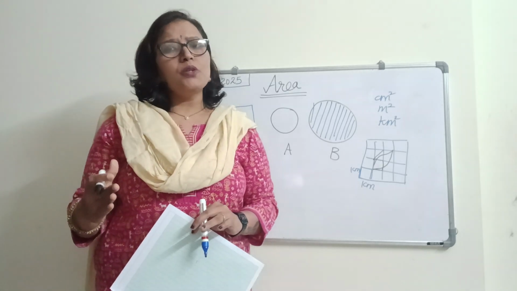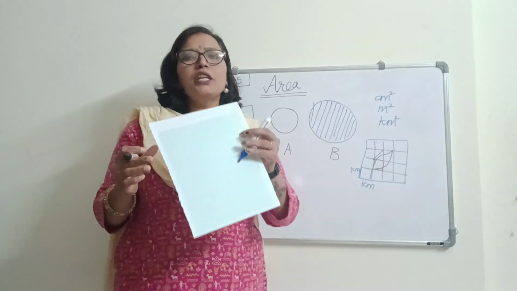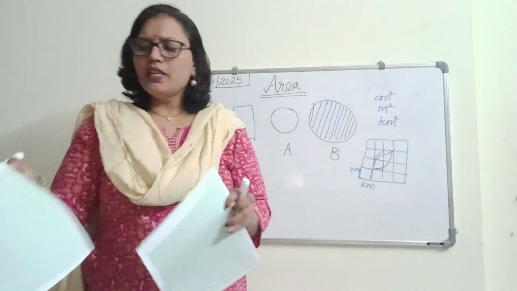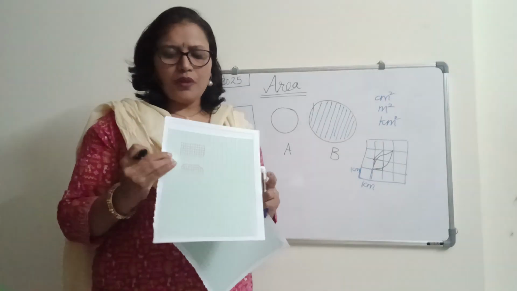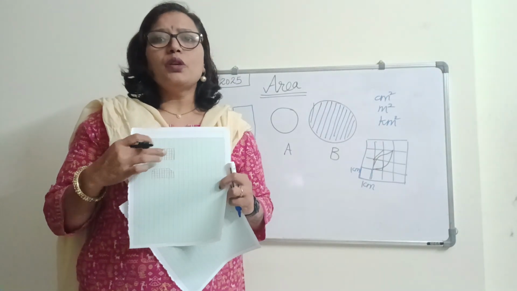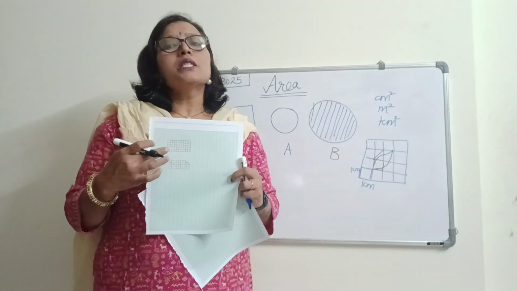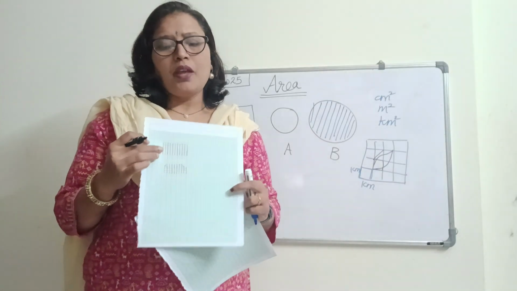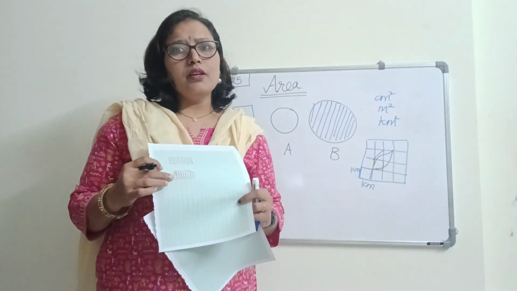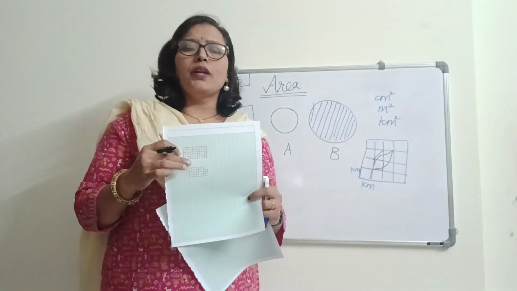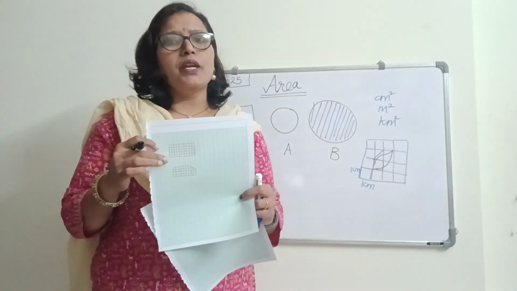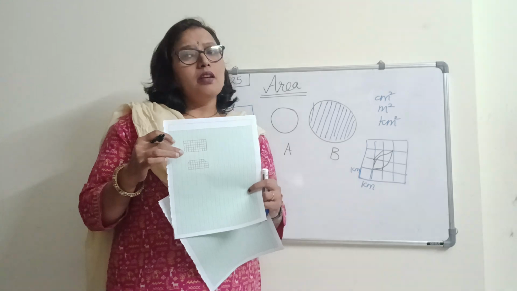These are the 4 rules. If you follow these rules and count, this is the figure I have shown here. I have given a rectangle here, so you have to count how many squares this figure is covering. And this is again an irregular figure. Here also count how many whole squares are covered, how many half squares, and how many more than half.